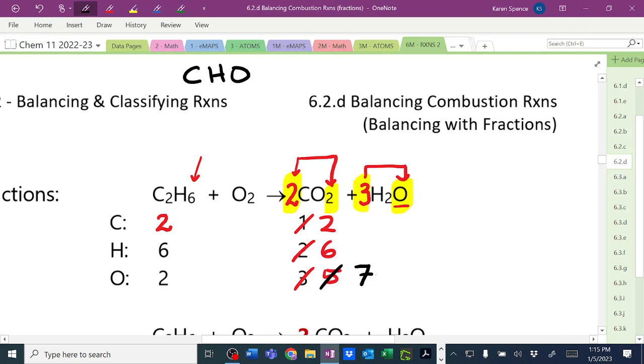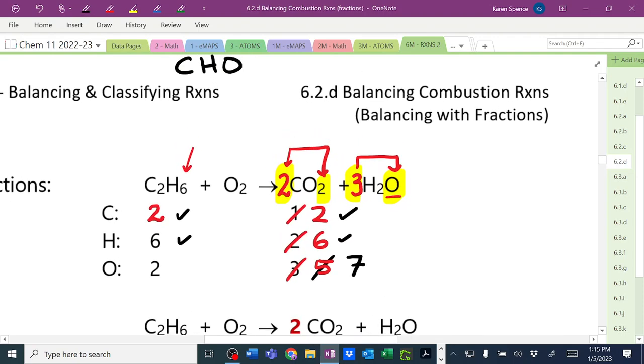Okay. Now, carbon's good, hydrogen's good. What can I do with that oxygen over here to get 7 oxygen atoms? I can do 7 over 2.